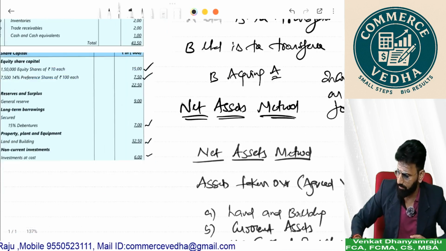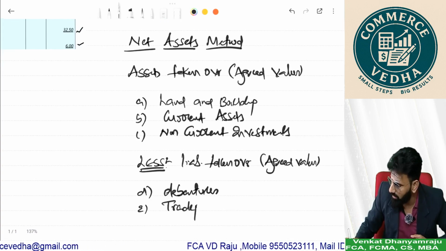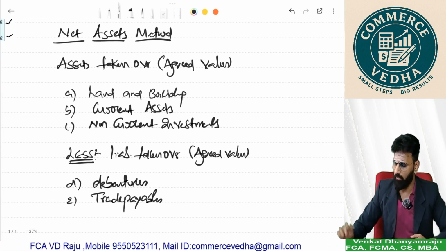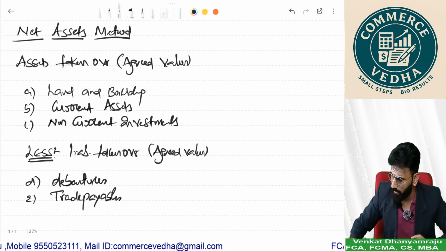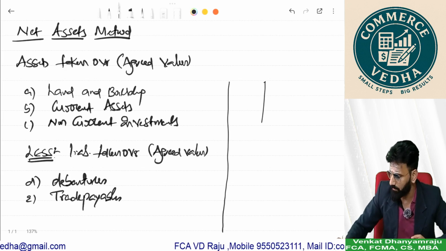Trade payables. Debentures and trade payables. Now we'll see what land and building is, how it is computed and taken over.